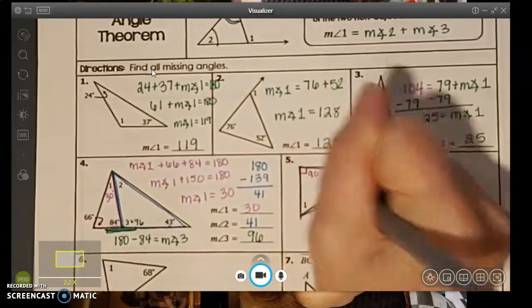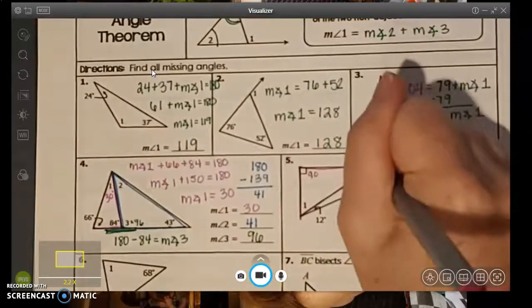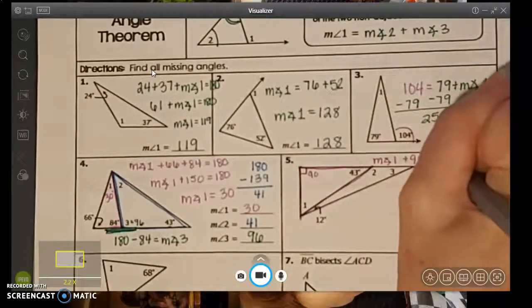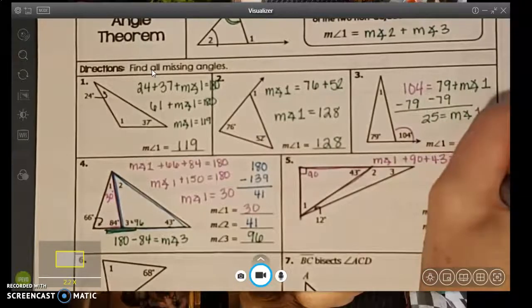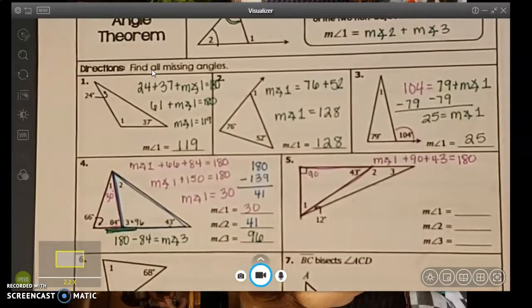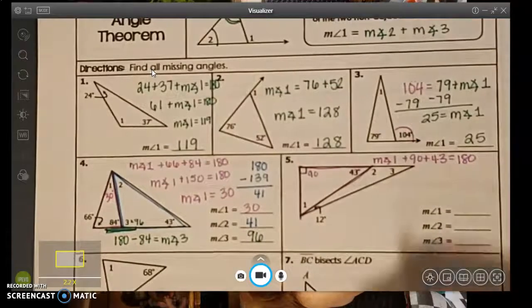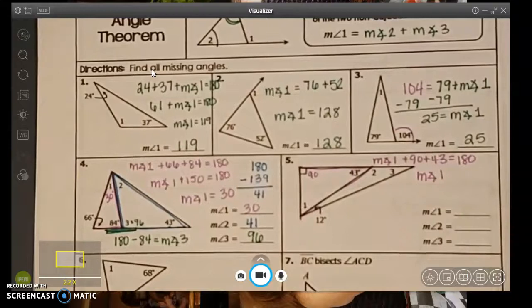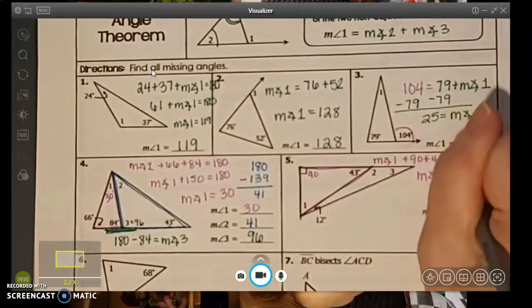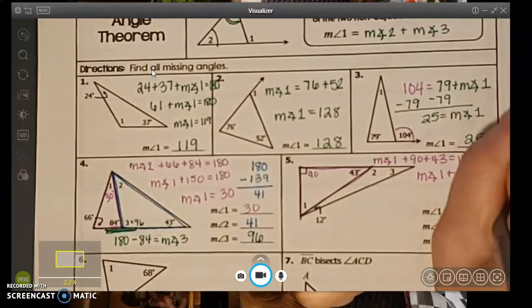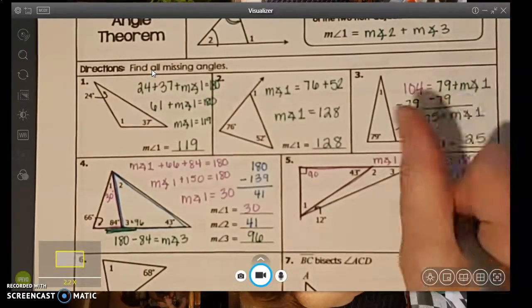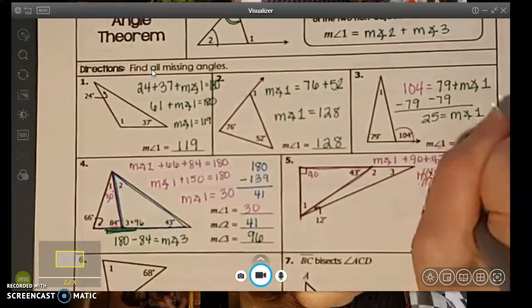So if I take the measure of angle 1 and add it to 90 and 43, it should equal 180, because those are all the angles of the triangle. 90 plus 43 is equal to 133. So you subtract 133 from 180, and the measure of angle 1 is equal to 47.